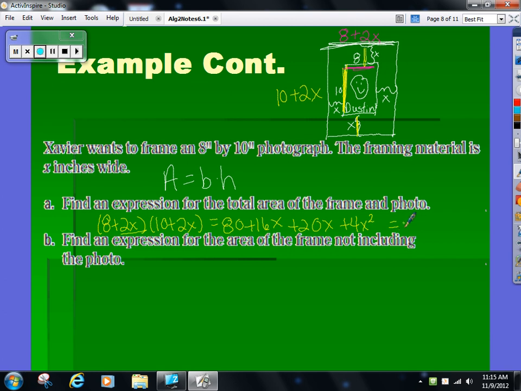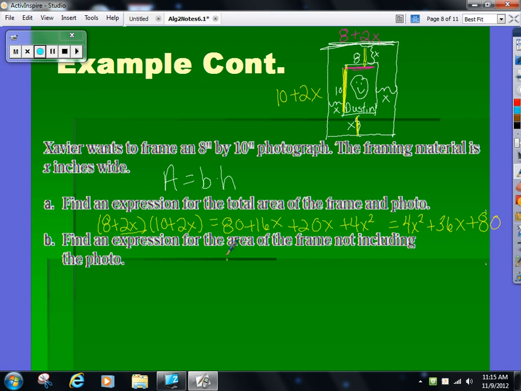Combine like terms. I'm going to put it in standard form here. 4x squared plus what? 36x, I think, plus 80. That's what they're wanting, the expression for the area of everything. So then if I told you it was a 4-inch frame, you could plug in 4 for the x, and then you could tell me the total area of that.